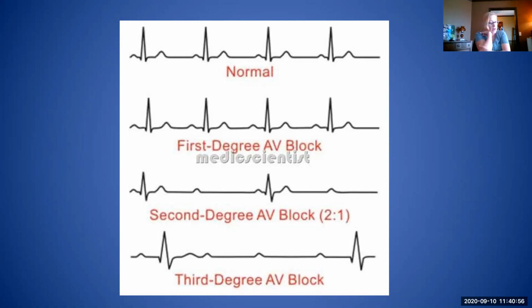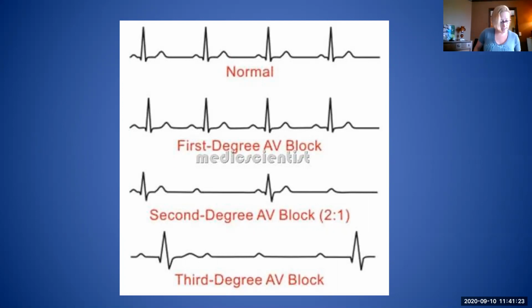Generally, your AV blocks are benign, sometimes a result of just being on beta blockers, or if they've had an MI in the past, they might have some slowed conduction in that pathway if that part of the heart has been damaged. But generally, it can just be benign, and it's something that you just need to monitor because it could potentially lead to a worsening block, such as second or third degree.